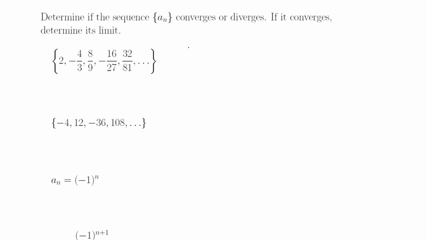Second, negative 4/3 divided by 2, which is negative 4/3 times, keep change, now we flip. 2 means 2 over 1, so 1/2. 2 goes in 2 times. So that's negative 2/3. If third divided by second is also negative 2/3, then this must be a geometric sequence.